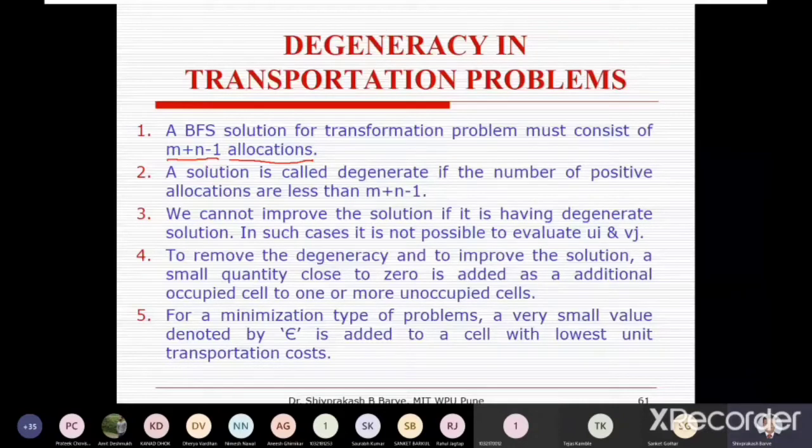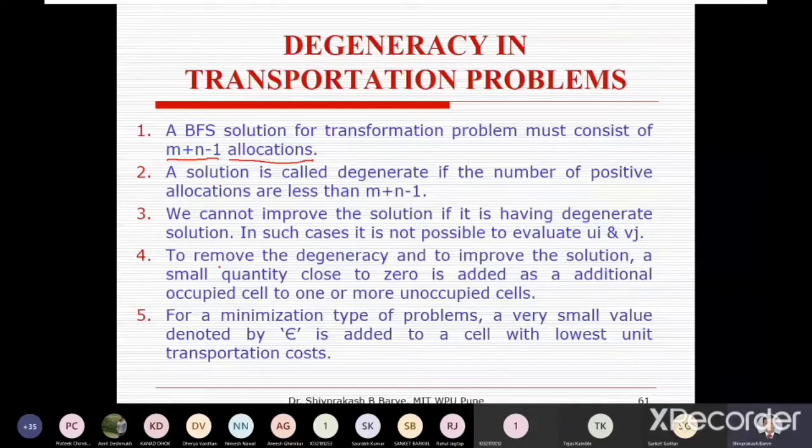If allocations are less than 5, in that case the problem is called degenerate, and we cannot go to the next step without removing that degeneracy in the problem. So we cannot improve such a solution if it is degenerate.